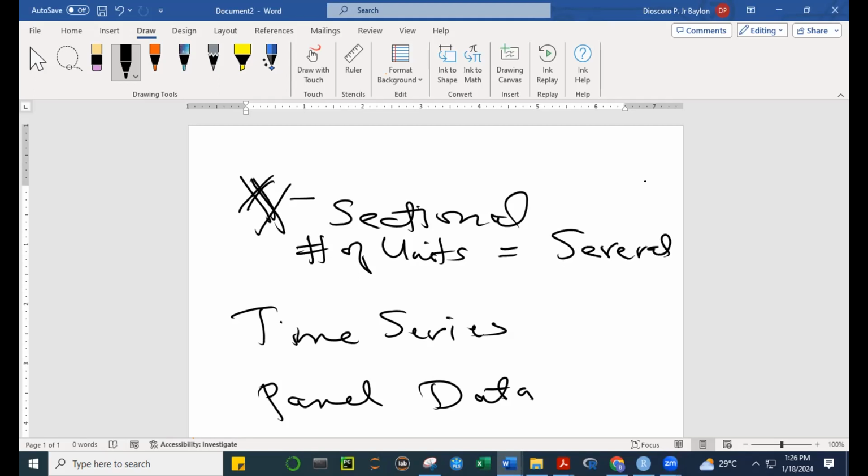And as far as the point in time, it's equal to one point in time. So several units, one point in time.